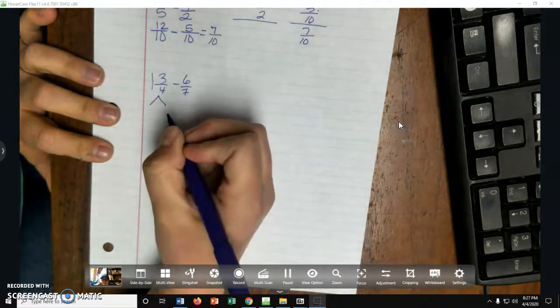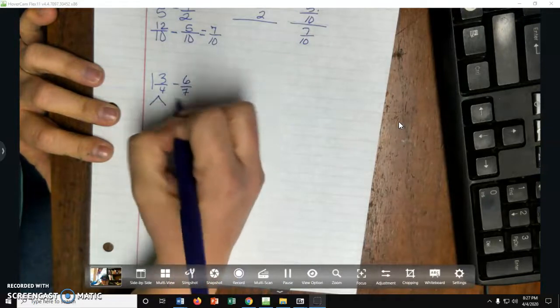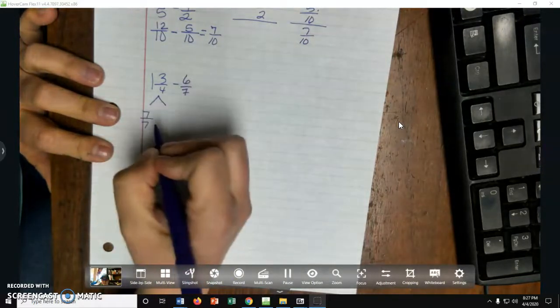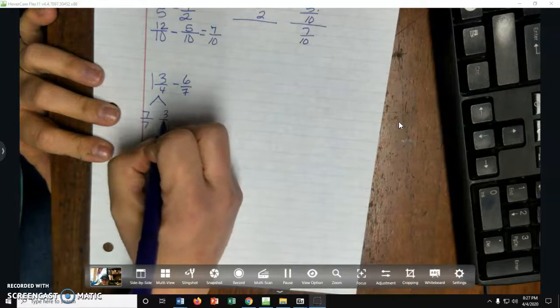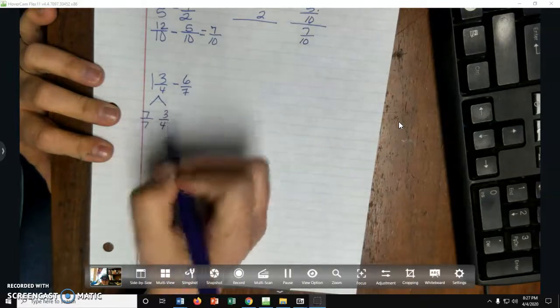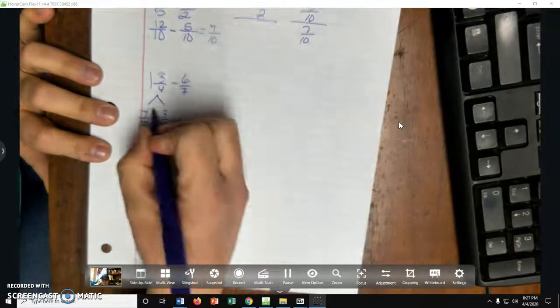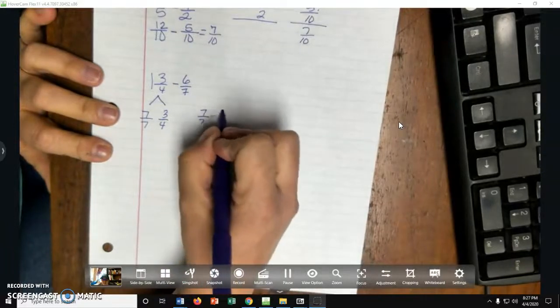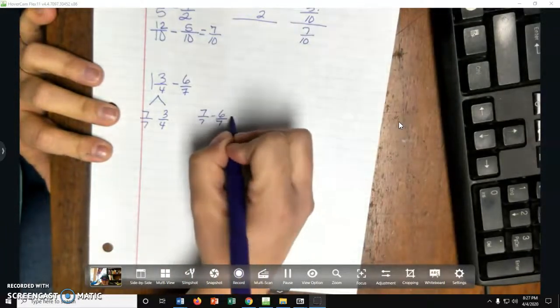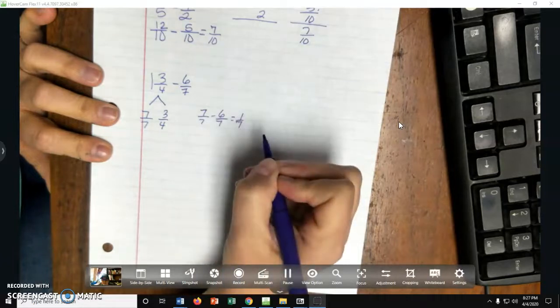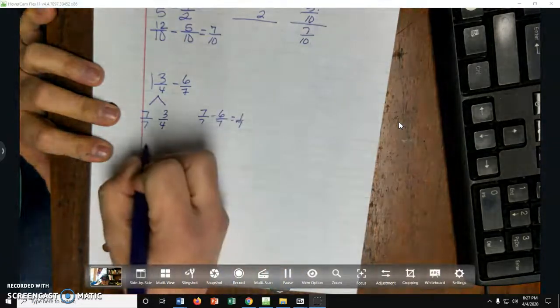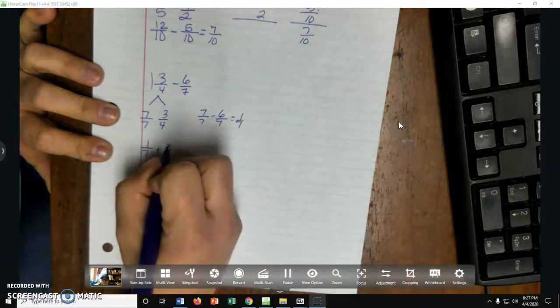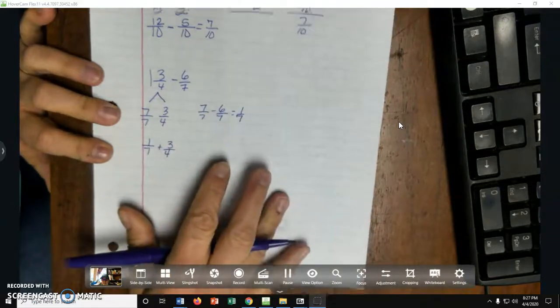We can say this is the same. We're looking at this part over here, so this would be 7/7, and this would be 3/4. Now we can take this 7/7 minus the 6/7, which would leave me with 1/7. Then I'd take that 1/7 plus that 3/4.